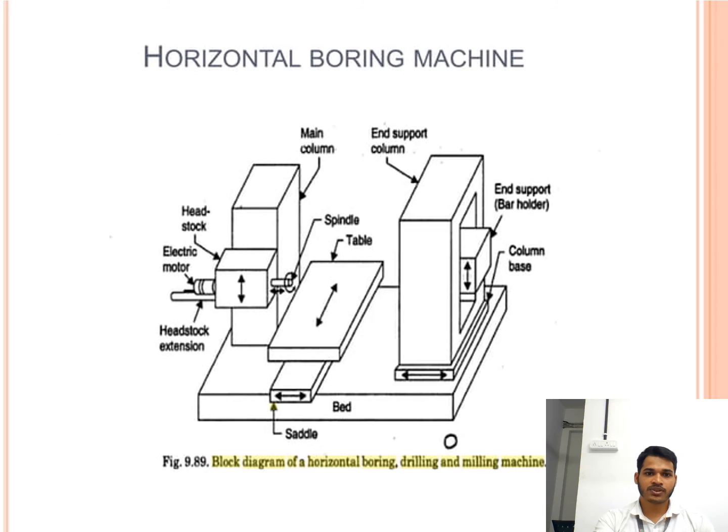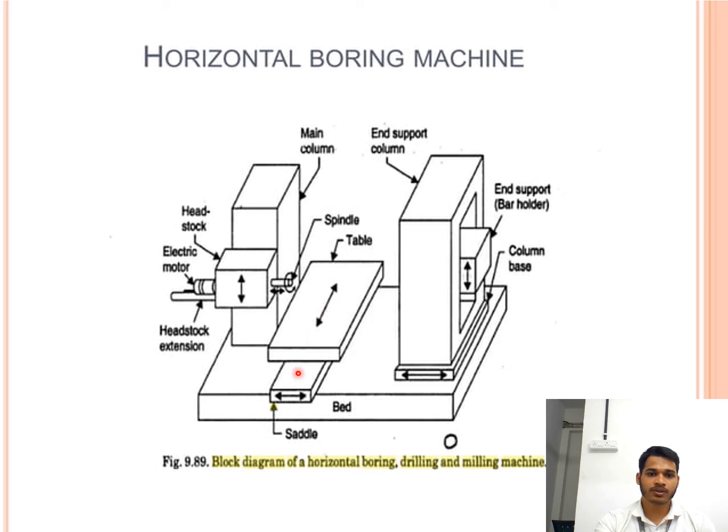In a horizontal boring machine, there are various parts. This is the headstock, and this is the main column where the headstock is mounted. This is the electric motor to provide the rotating motion of the drill bit, and this is the spindle where the drill chuck and drill bit will be mounted, and this is the table.